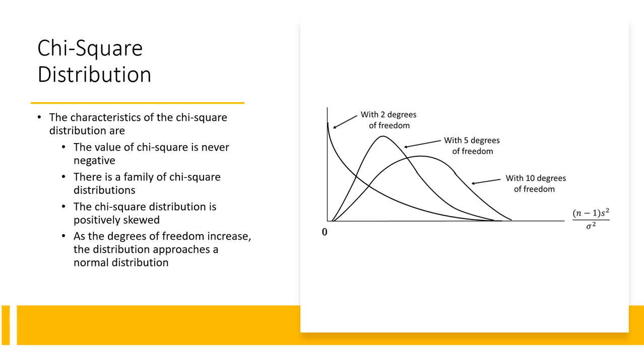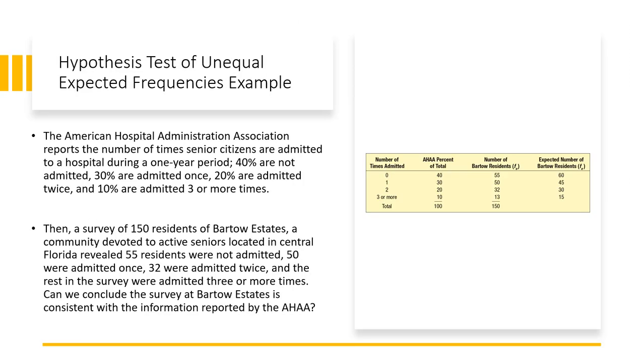So remember, a normal distribution has 2 parameters, mean and standard deviation, that are used to describe its exact characteristics. The chi-square distribution just has the one parameter called degrees of freedom, which influences the shape, center, and spread of the distribution.